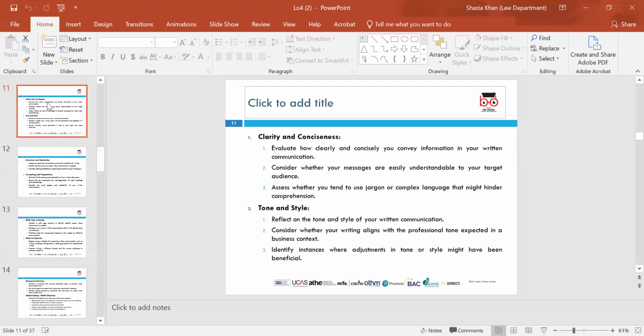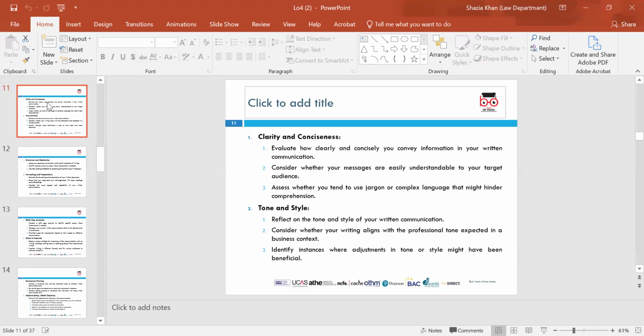Make sure that you are sending a message that identifies what your target audience is, and make sure you are targeting your audience. For example, it may be people under the age of 21, it may be 16 plus, it may be over 50s. Make sure you are sending that message out. Note areas where you tend to use jargon or complex language that might hinder comprehension.